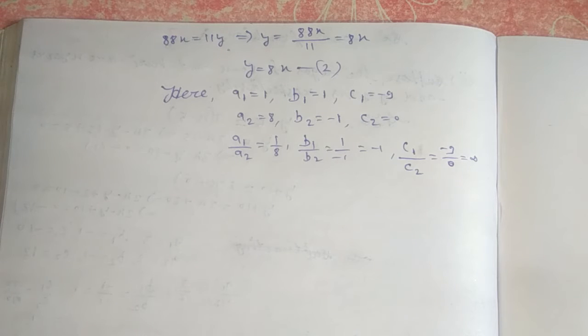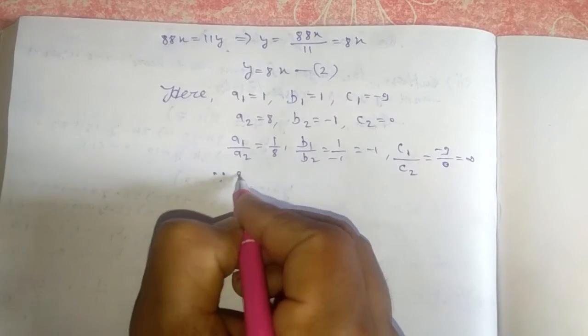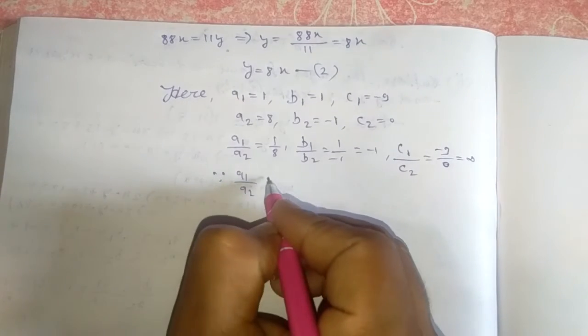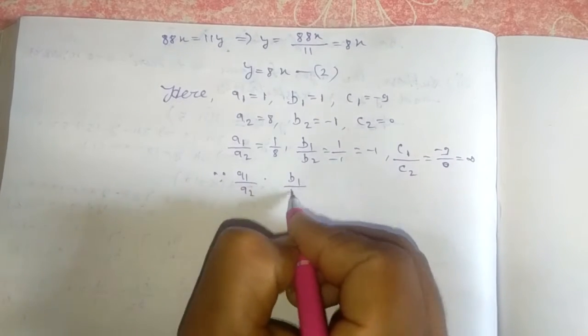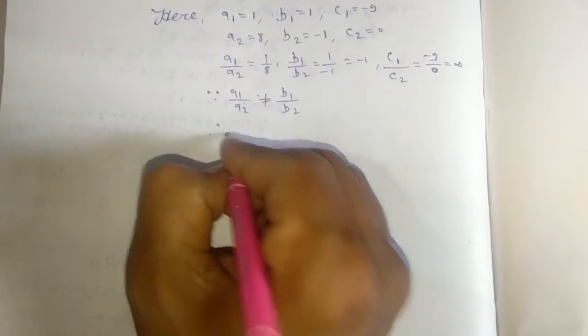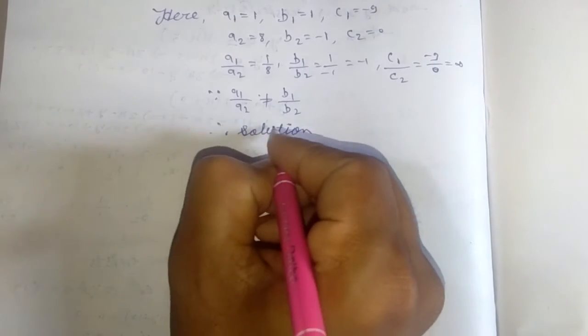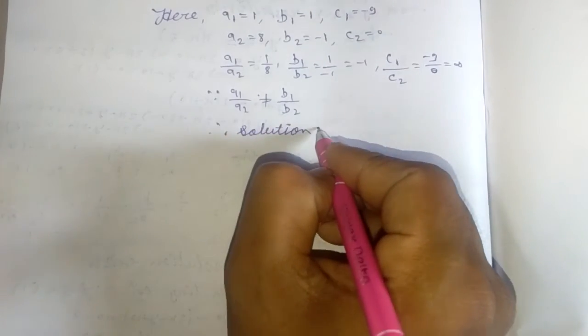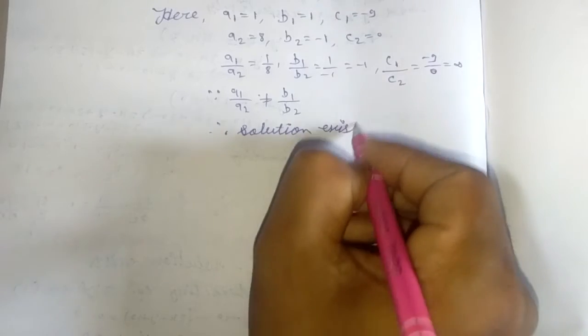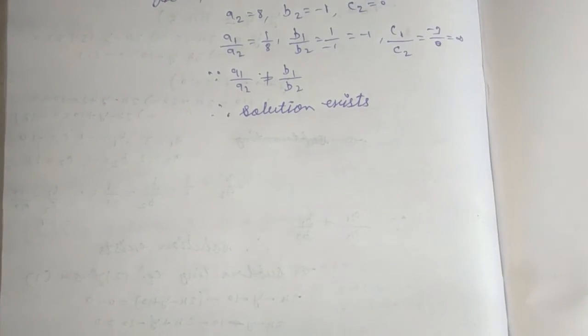First we look that A1 upon A2 and B1 upon B2 are not equal. Therefore we can say that a solution exists.